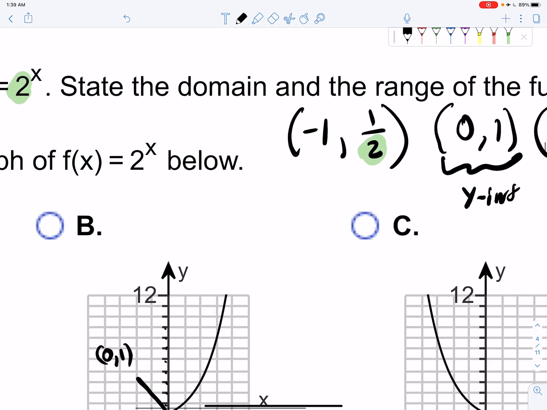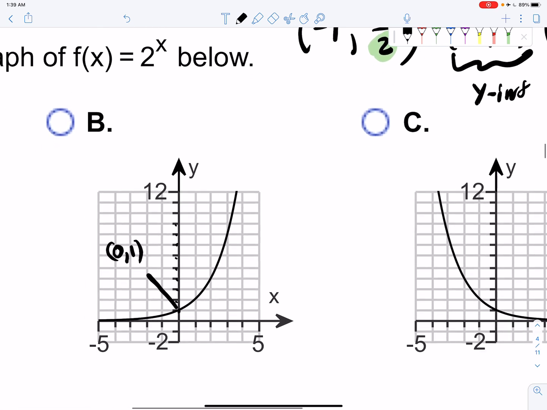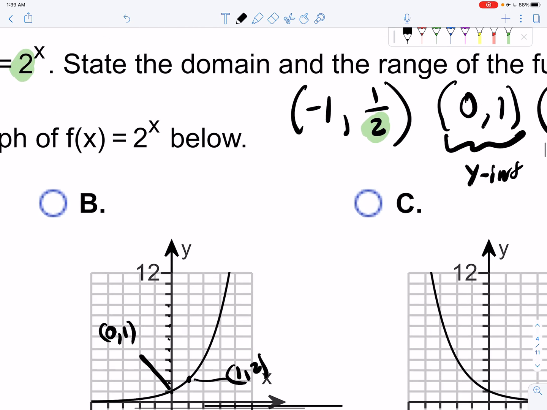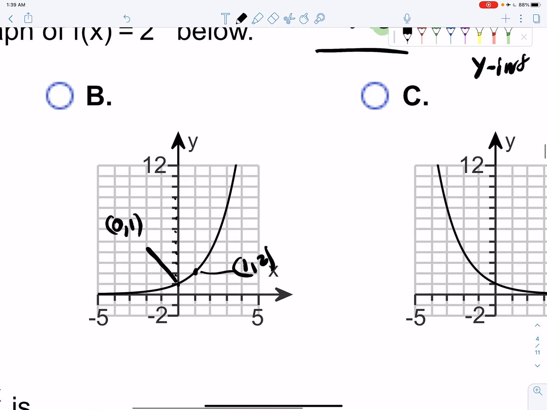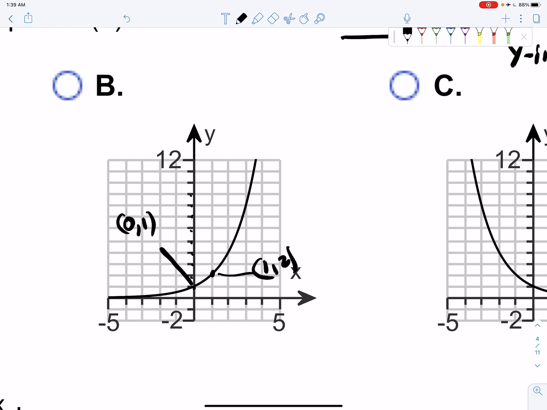Well, what other points are we expecting to work? We're expecting 1 comma 2 to work. If I go to 1 and up 2, well, there's 1 comma 2. So that's working. And just to really check it out, how about negative 1 and then a half? Let's see.